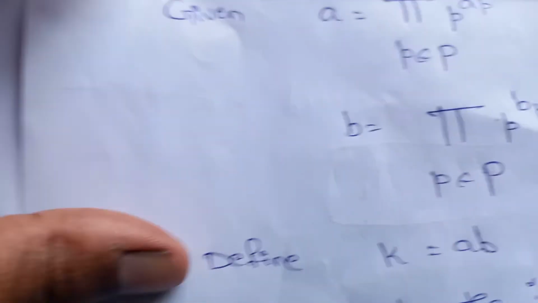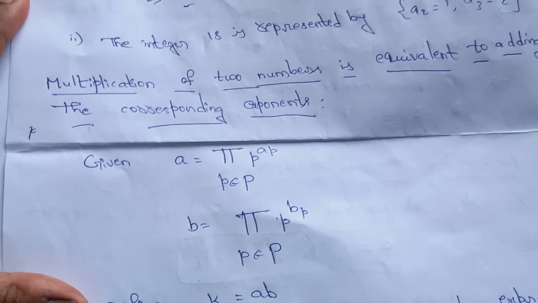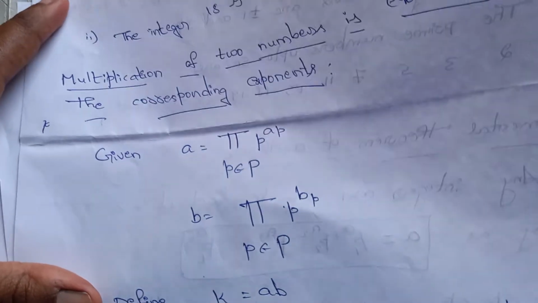So next one is: multiplication of two numbers is equivalent to adding the corresponding exponents.